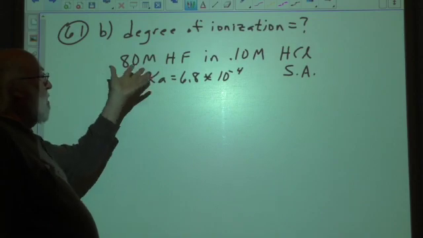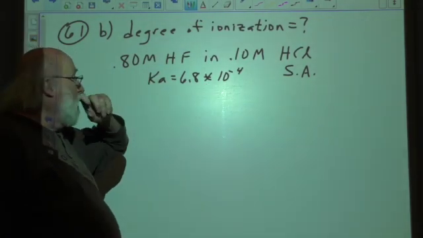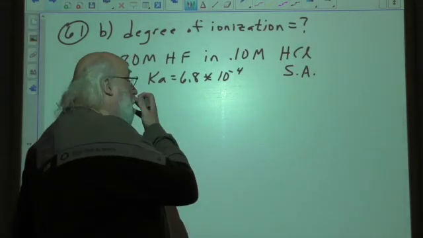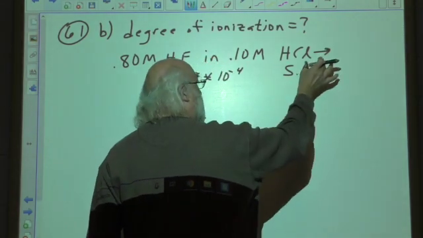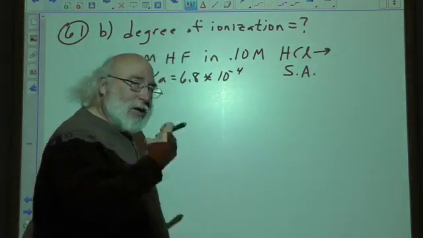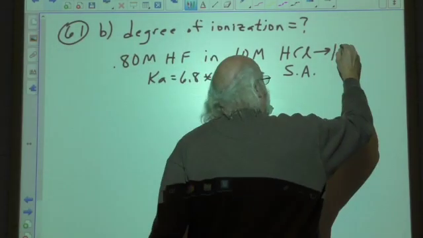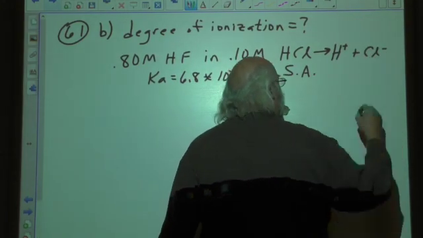in which we're going to dissolve HF, which again, weak acid, in a strong acid of hydrochloric acid. Now, if we look at the fact that this is a strong acid, that's a single arrow reaction. That means it's going to completely dissolve into 2 ions, H positive aqueous and Cl negative aqueous.